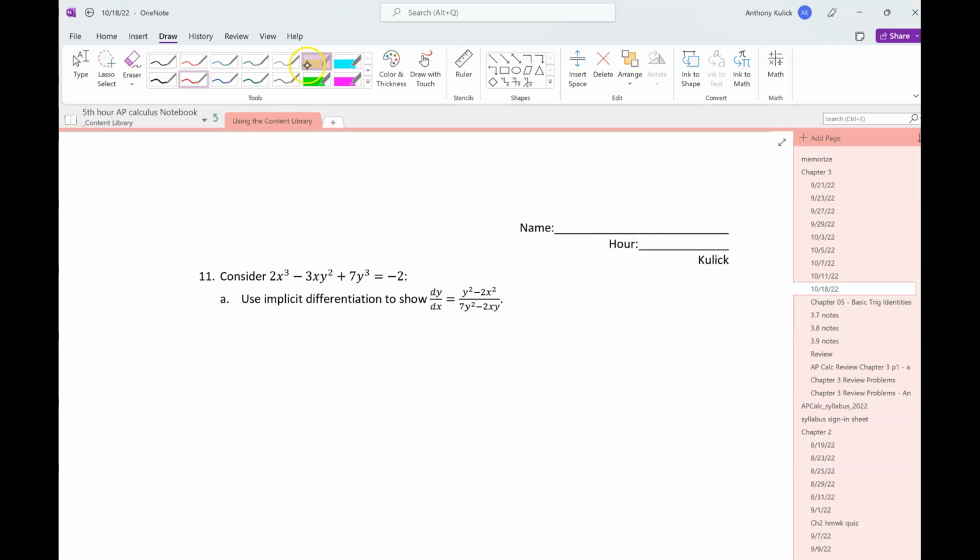The derivative of this is 6x squared, nothing complicated going on there. The derivative of this requires the product property, so 3x times 2y times dy dx, since my directions use that notation, then minus 3, and the derivative of x is just 1, and then we have the y squared.